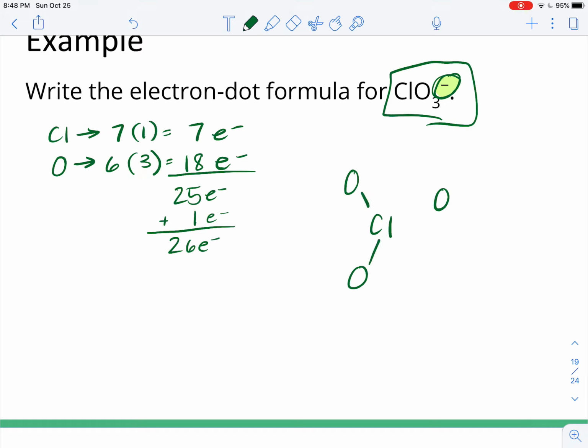So 1, 2, 3, 4, 5, 6, 7, 8, 9, 10, 11, 12, 13, 14, 15, 16, 17, 18, 19, 20, 21, 22, 23, 24, and then I've run out of room, 25, 26.